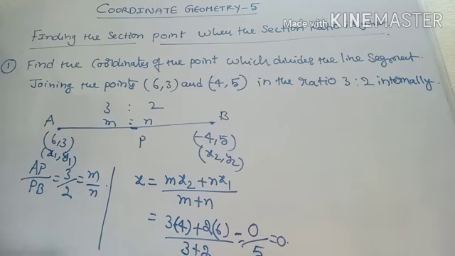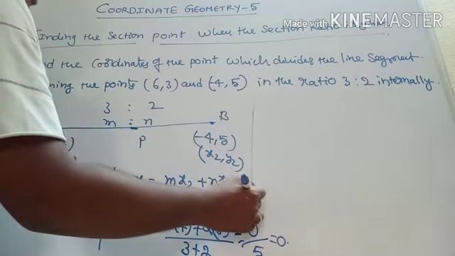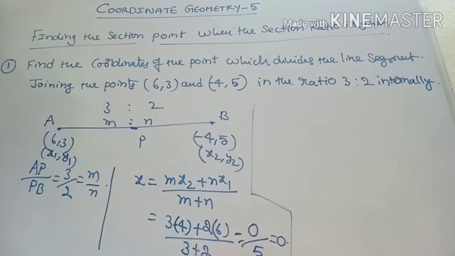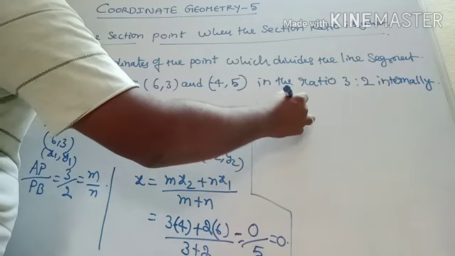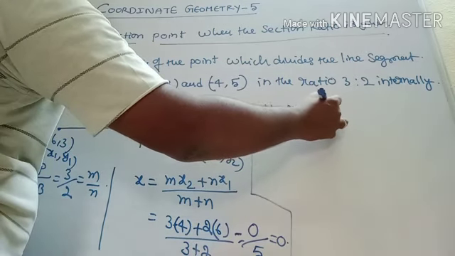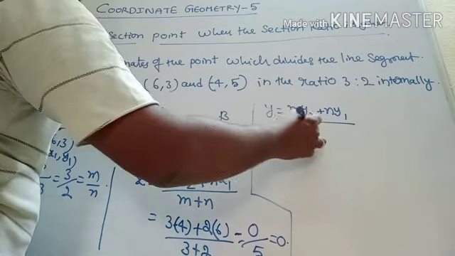Now let us find the y coordinate. We know the formula, y is equal to my2 plus ny1 by m plus n.